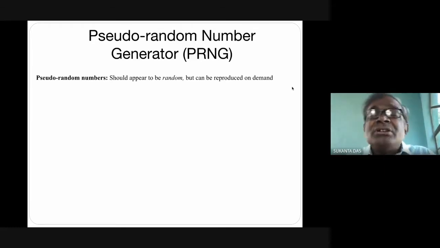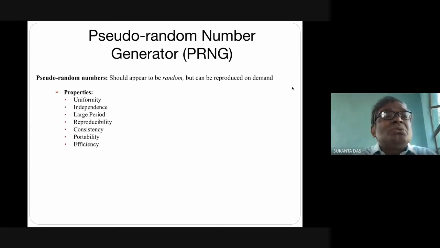So cellular automata can be used to generate such pseudo-random numbers. These are a few properties of pseudo-random numbers: uniformity, independence, large period, reproducibility, consistency, portability, efficiency. Any algorithm which generates pseudo-random numbers has to follow these properties.